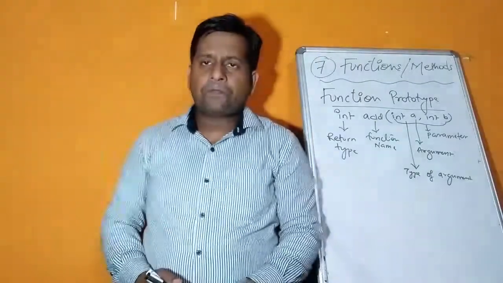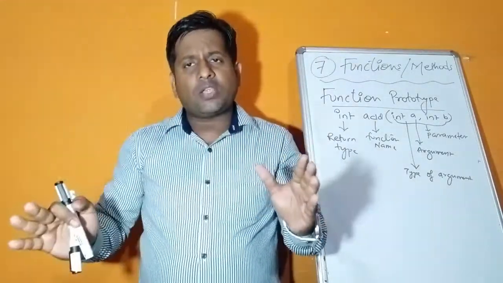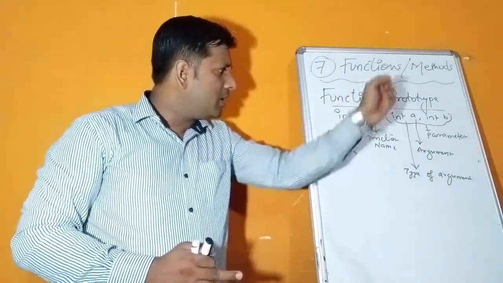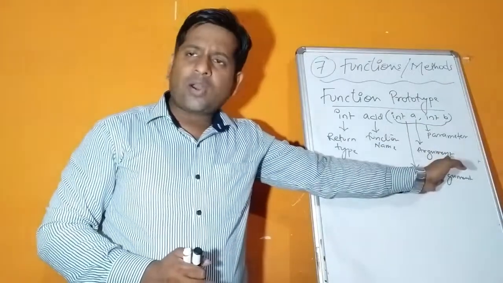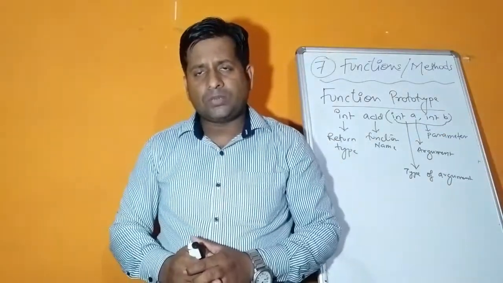So see children, function prototype means the first line of the function definition, which gives us the information about return type, function name, types of argument, number of arguments, and the entire parameter set.